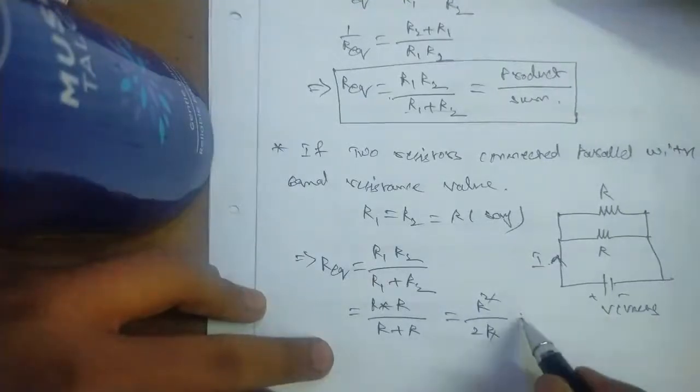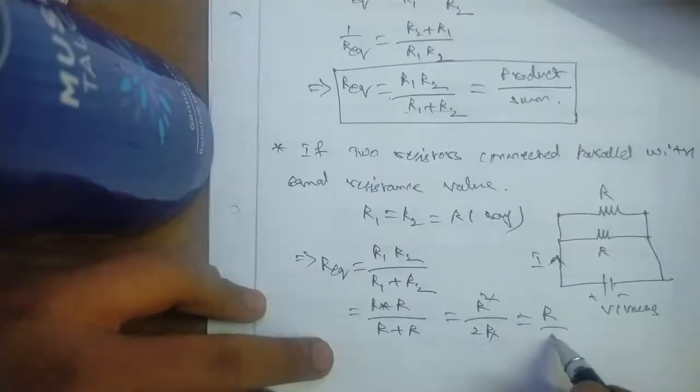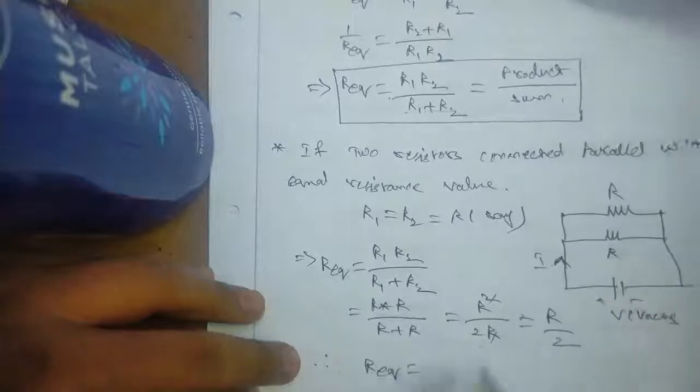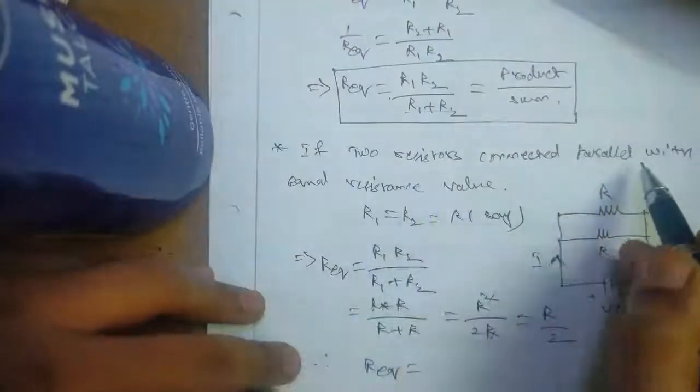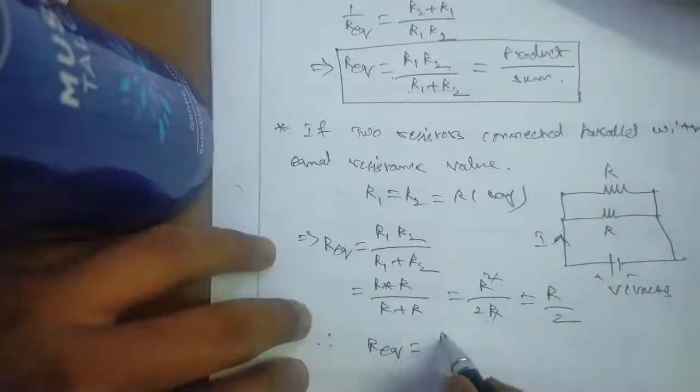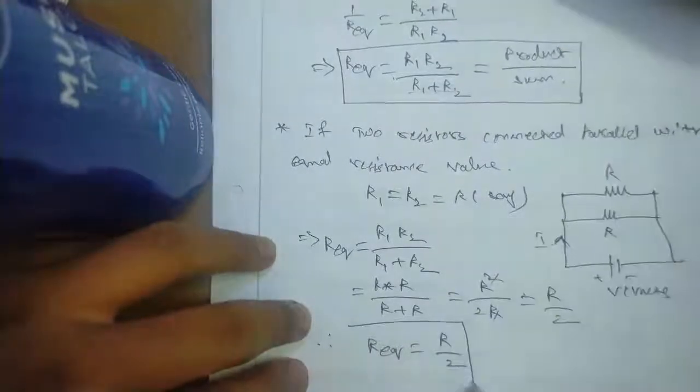Okay, R get cancelled, then it is R by 2. Therefore, if two resistors connected in parallel with equal resistance value, that is R equivalent becomes R by 2, that is half of that value.